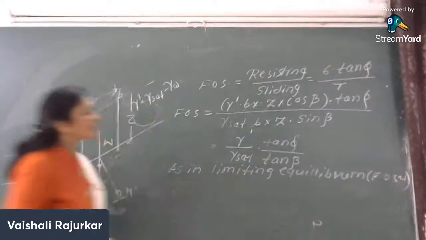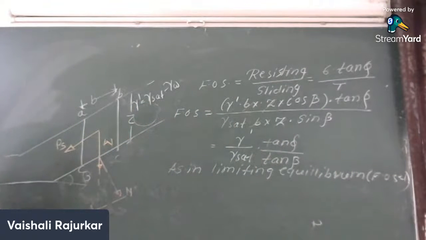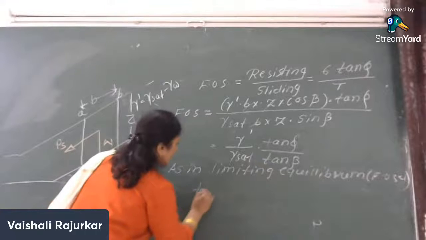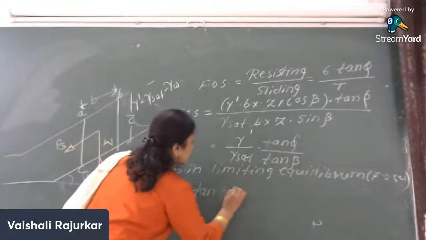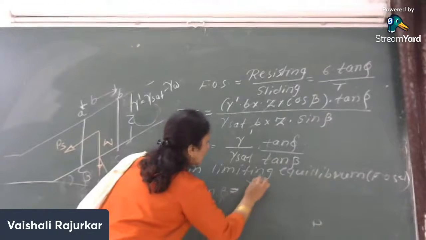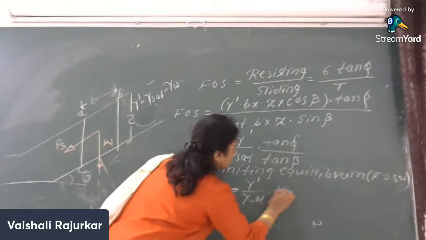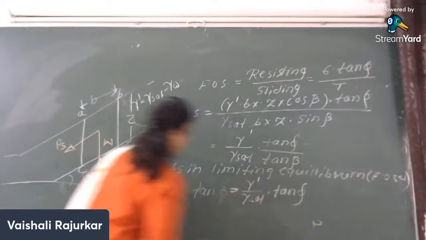As factor of safety is 1, therefore here we will just consider tan beta is equal to gamma submerged upon gamma saturated into tan of phi.